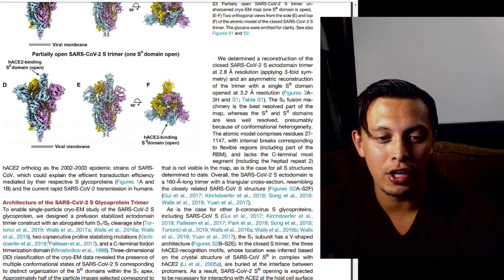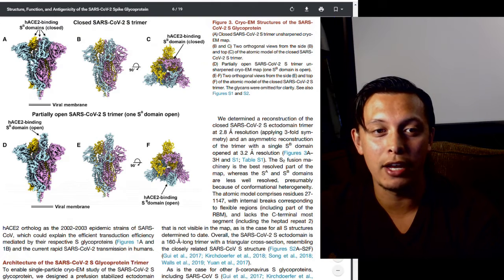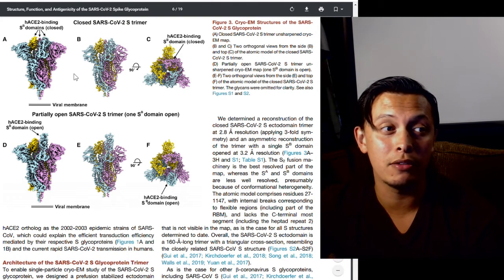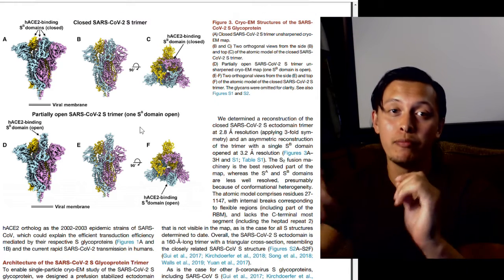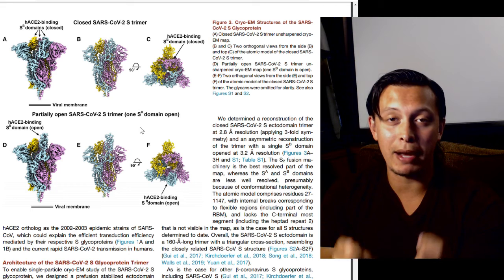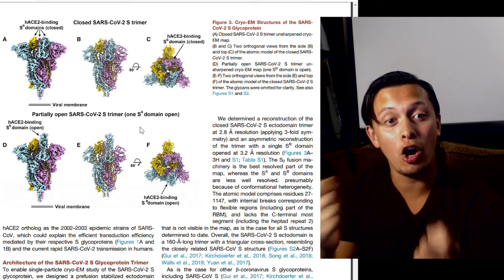The other thing that they changed was 2 consecutive proline stabilizing mutations. So I'm not exactly sure what that would mean. I would only assume that they replaced a few of the amino acids with prolines, and by doing that, they've restricted the free movement of the spike protein just a little bit.